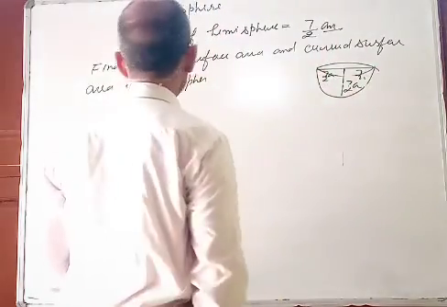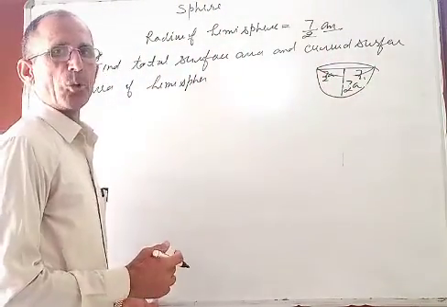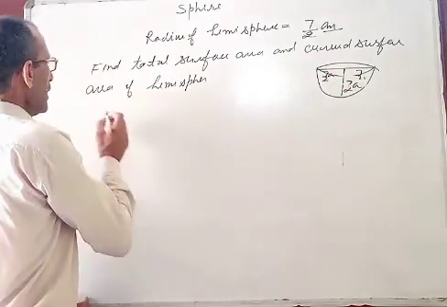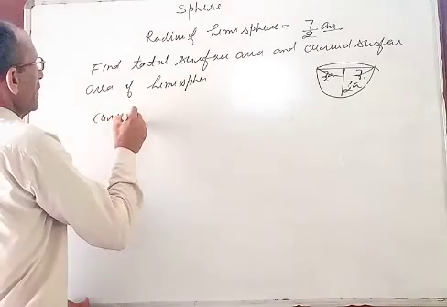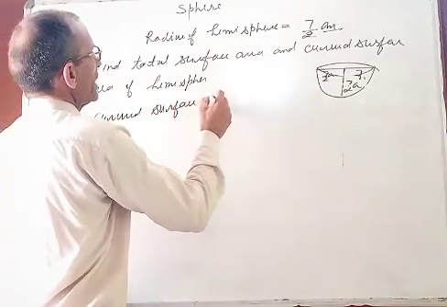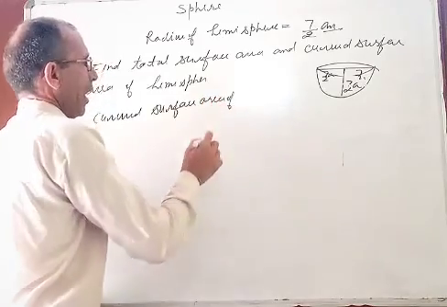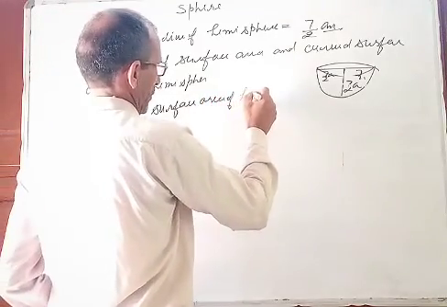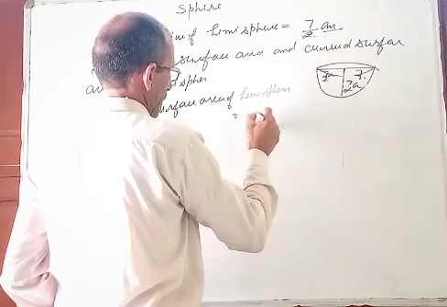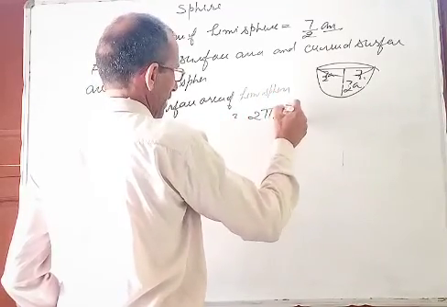The curved portion is 2 pi r square and the total is 3 pi r square. So the curved surface area of the hemisphere is 2 pi r square.